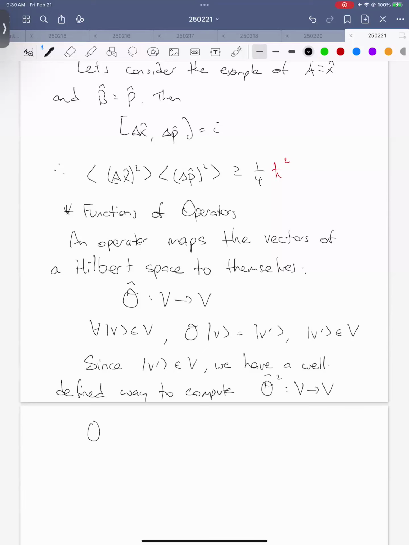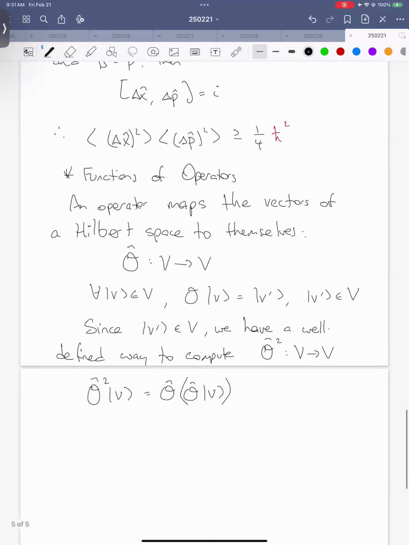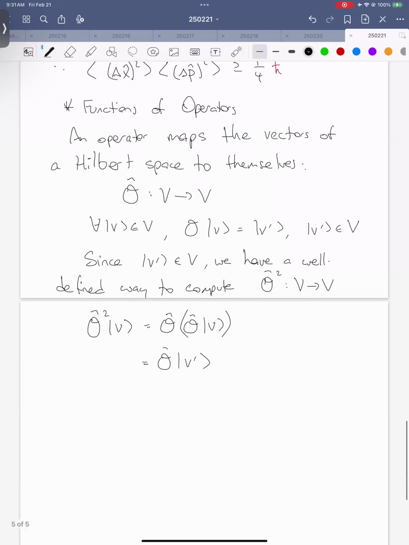If I want to know what is the operator squared on v, well, this is just the operator and then the operator on v. I know how to compute the operator on v. This gives my v prime, which is some other vector in the Hilbert space. And I know how the operator acts on some generic vector in the Hilbert space. It gives me some other vector, some v double prime, where v double prime is again an element of our vector space.